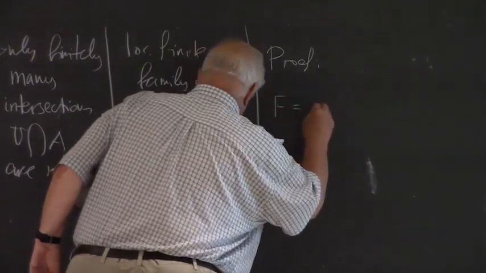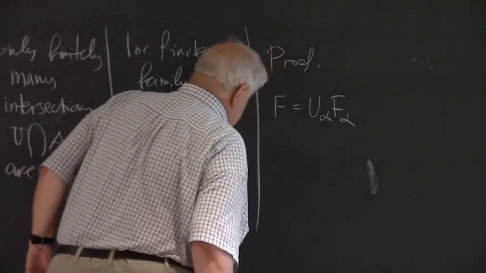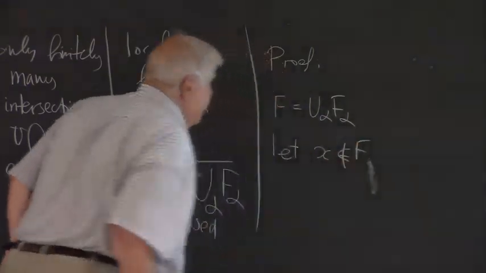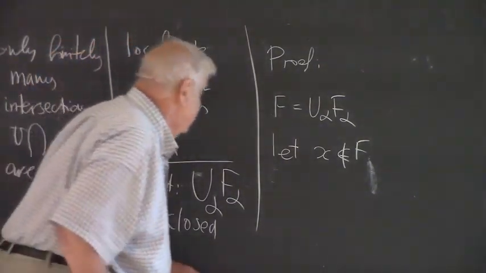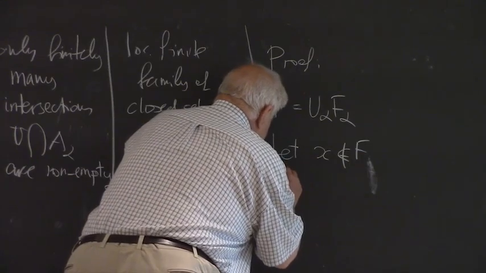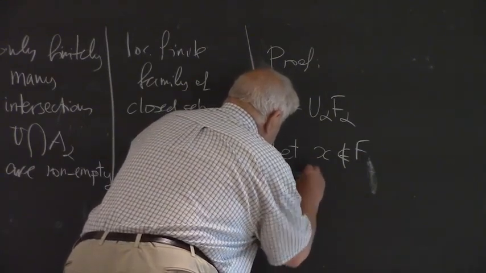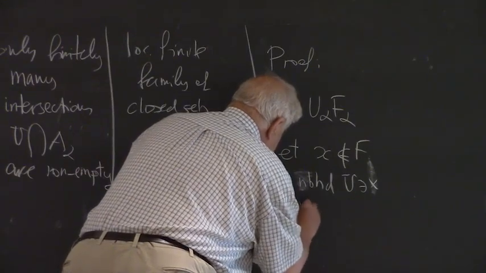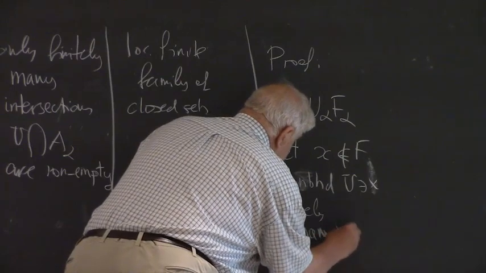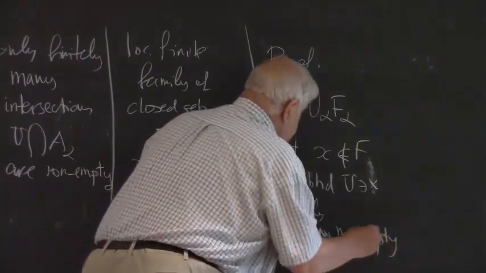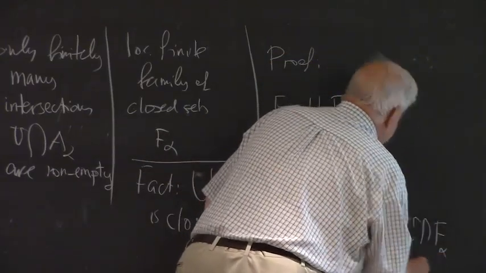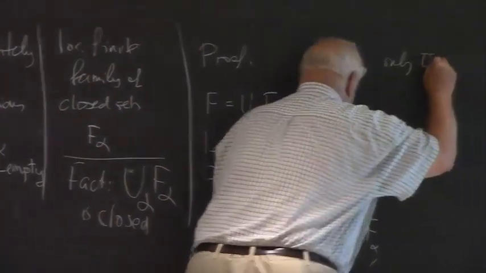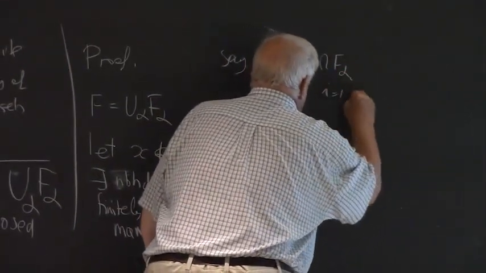So let F be the union of the sets, and let some point x not be in F. Then, using the definition, there is a neighborhood U of x such that there are only finitely many non-empty intersections of U with F alpha, say only U with F alpha i, where i runs over finitely many indices.